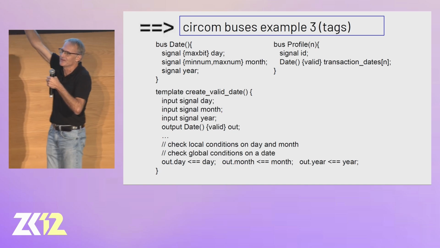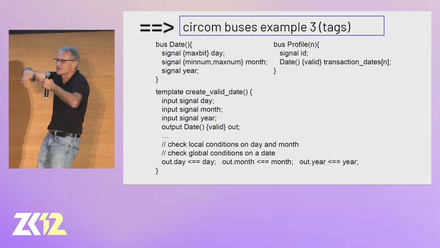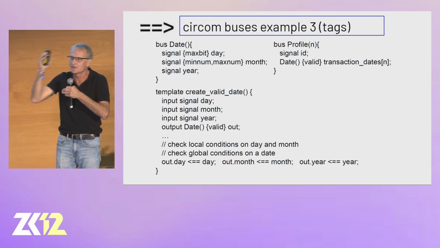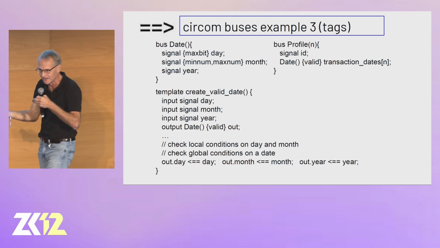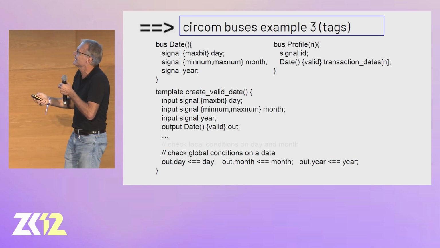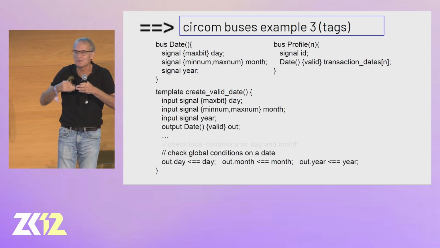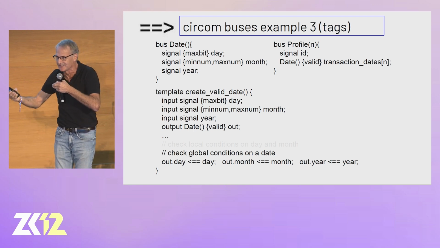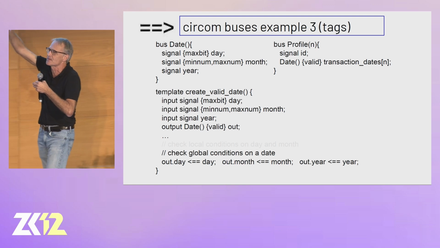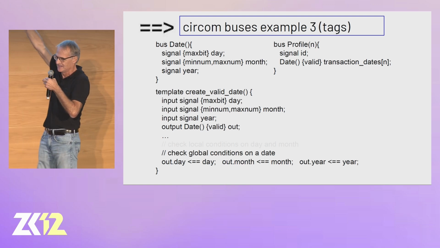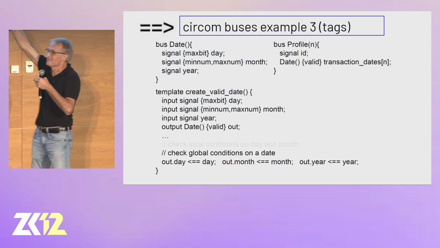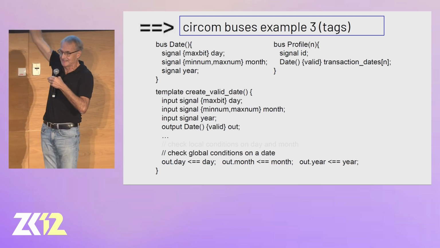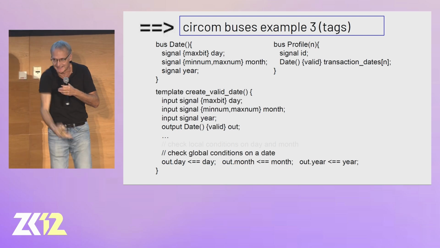The properties of the day, the month, and also the global properties: if the month is January, then it should be between 1 and 31. If it's blah, blah, blah. Okay? But consider the difference between the input and output, and whether I already know some property or not. Suppose that because this is used in some context, I already know all these tags from outside. Then if I know that it should be like this, I have it in my circuit, and I don't need to recheck it again.